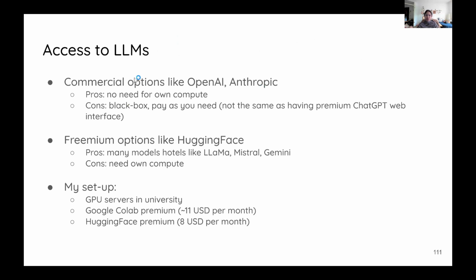So the benefit for this is that you don't need your own compute, so you don't need servers or GPUs for this. But the cons are that you need to pay for them, and it's not the same as having a premium ChatGPT account. You will have to pay for them via the programming API as much as you need them, right?